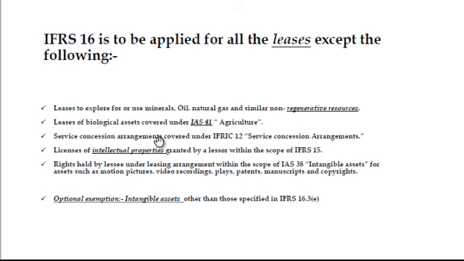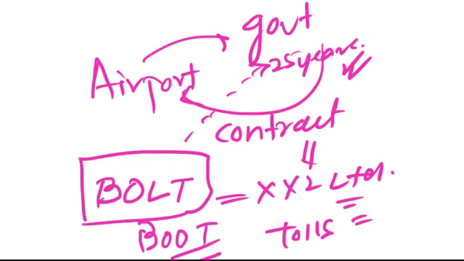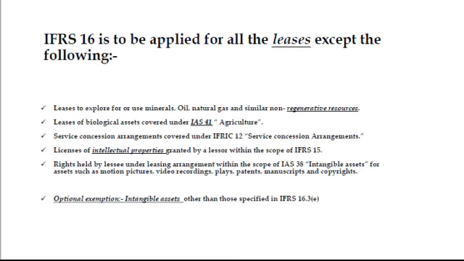Now, I will stress the fifth point because I find it a bit confusing, and it is quite realistic as well. So let's stick to the fifth point. I'm not going to go through the standard, I'm going to explain what it is. Rights held by lessees under any leasing arrangement.